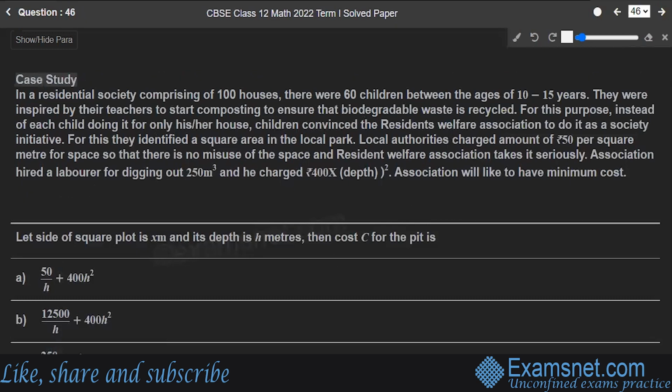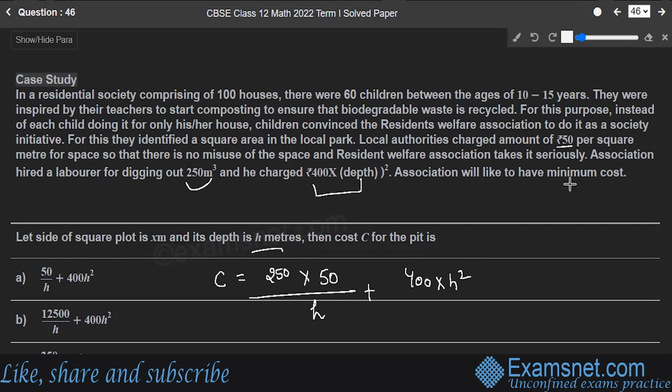Okay, so see, the cost C for the pit will be: the labor was hired for digging out 250 meter cube of the pit, multiplied by 50, divided by this depth h, plus the cost which is taken by the laborer, 400 times the depth square.